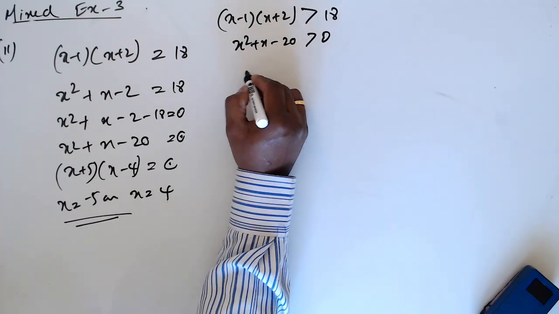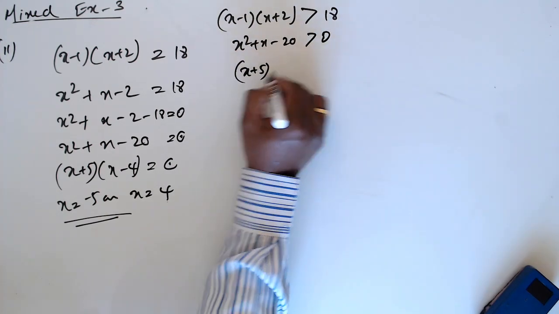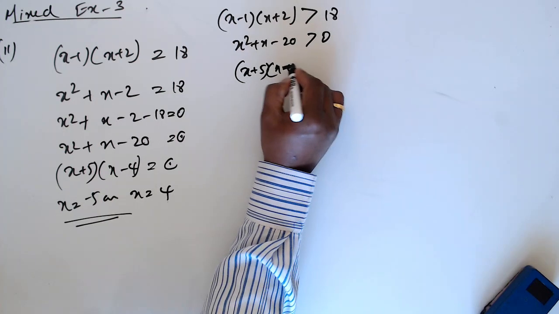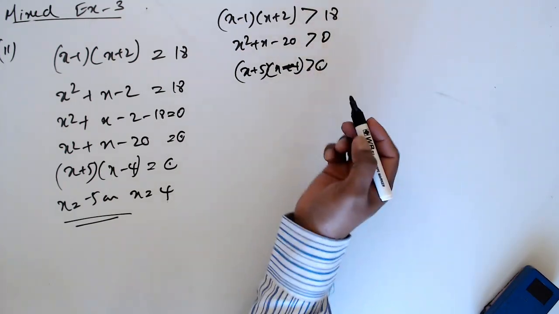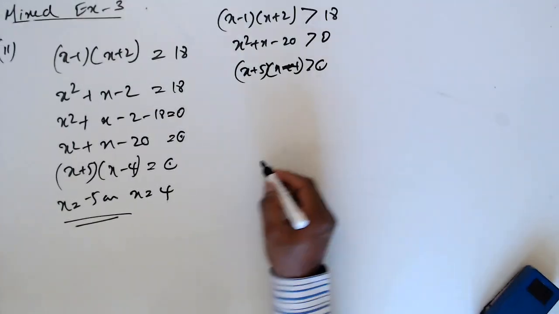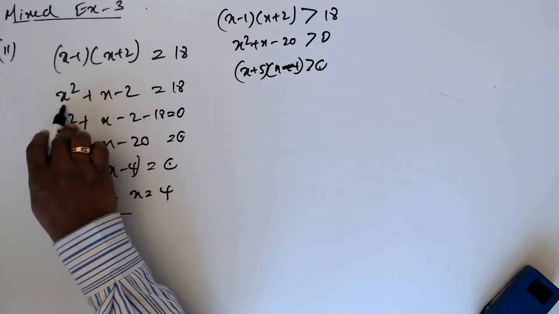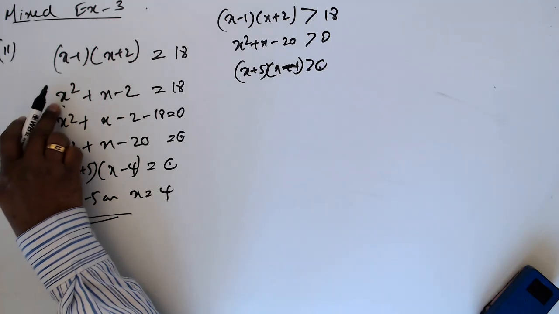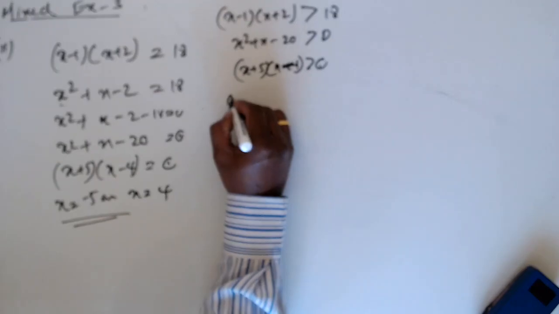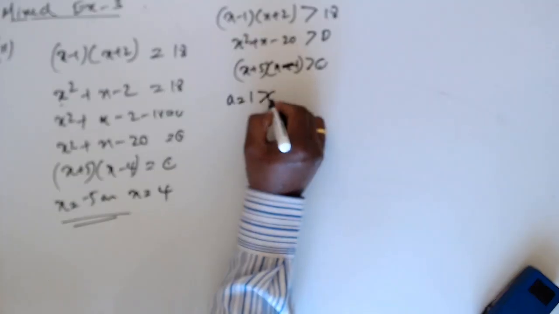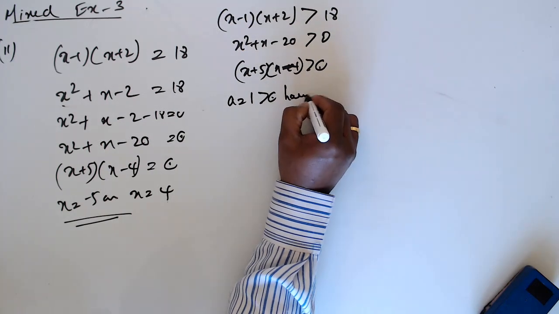It means x plus 5, x minus 4 greater than 0. Now this is a quadratic equation, and it has a coefficient of 1 greater than 0, so it has a minimum.